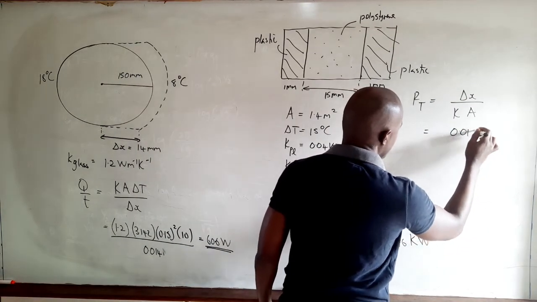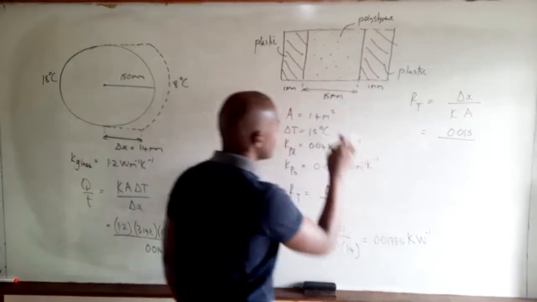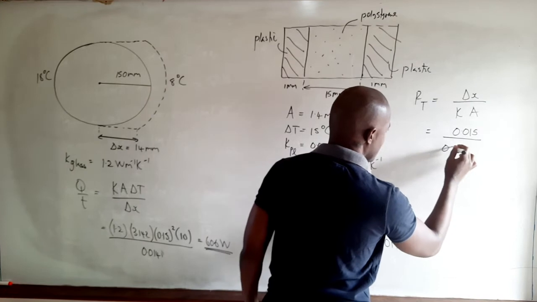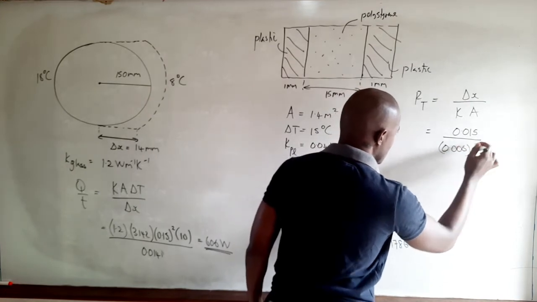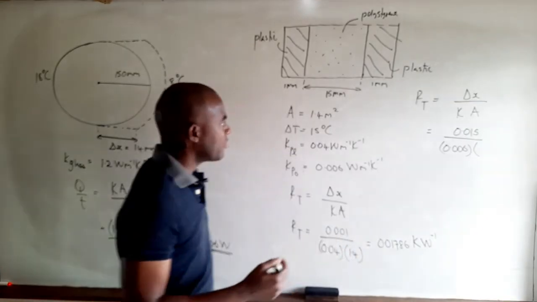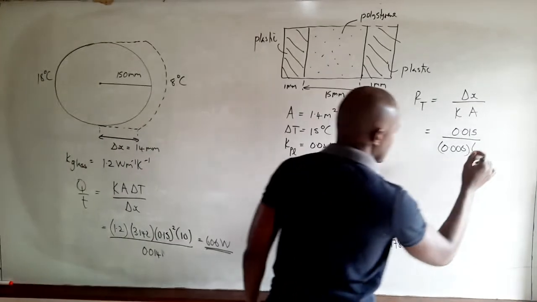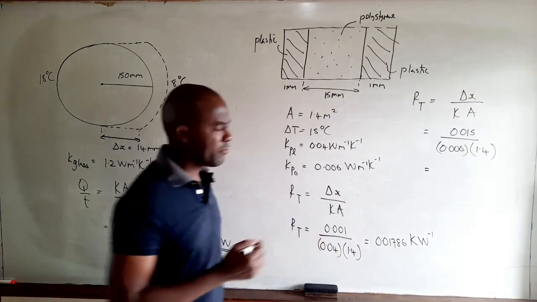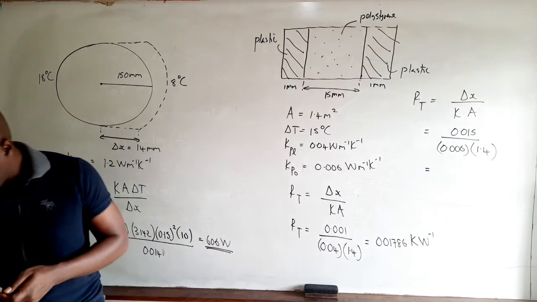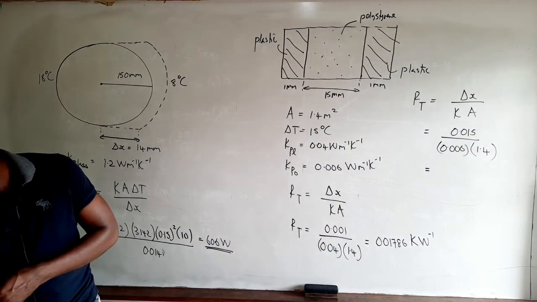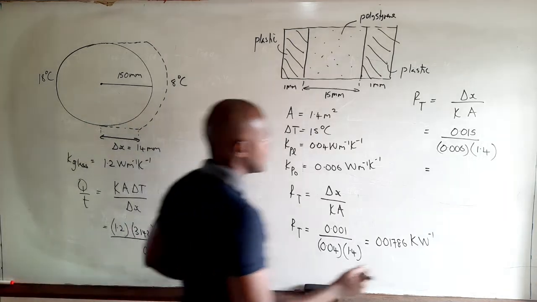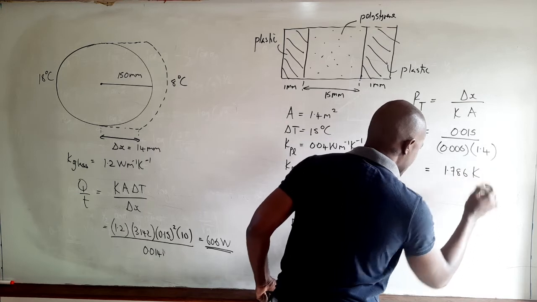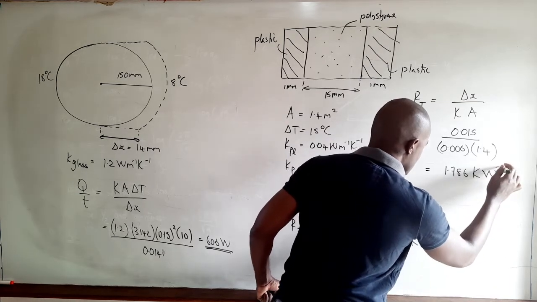So 0.015 divided by its thermal conductivity, which is 0.006, times the total surface area, which is 1.4 meters squared. Right? And this will give us a thermal resistance of approximately 1.786 Kelvin per watt.